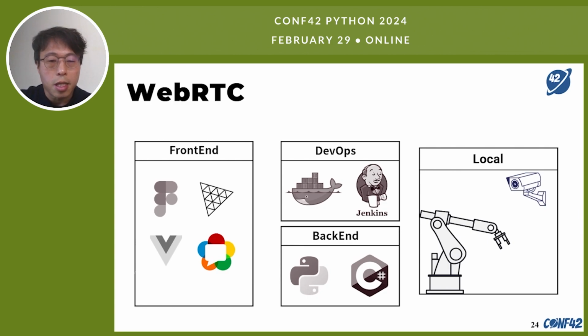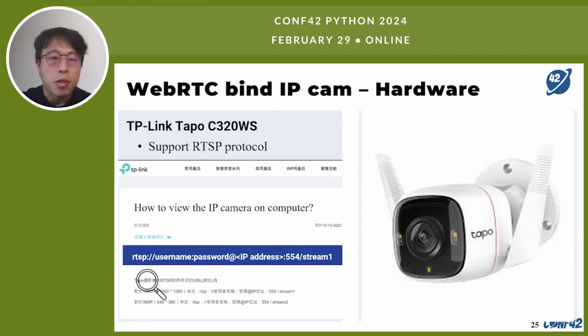WebRTC we use for sending the IP camera information to the web page. So you see the WebRTC buys the IP cameras by this hardware. We use a TP-Link Tapo. It's cheaper and easy to use in our country.